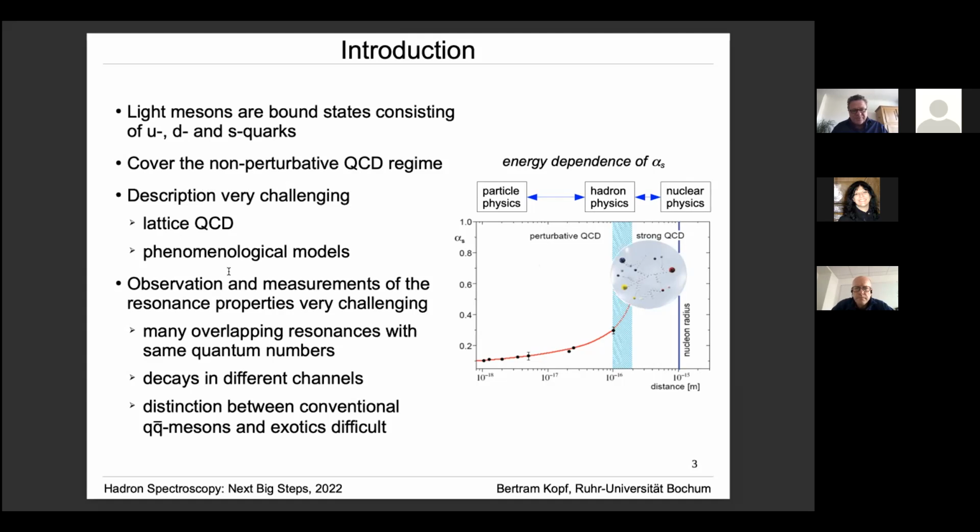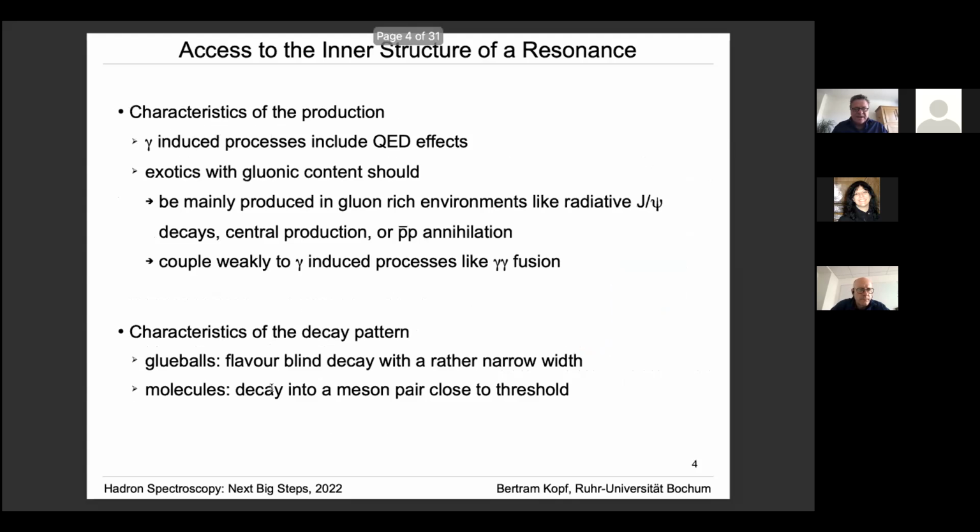But from the experimental point of view, it is also very challenging because one has to deal with many overlapping resonances with the same quantum numbers, and the resonances decay into different channels. And therefore, the distinction between conventional q-qbar mesons and exotics is also very difficult.